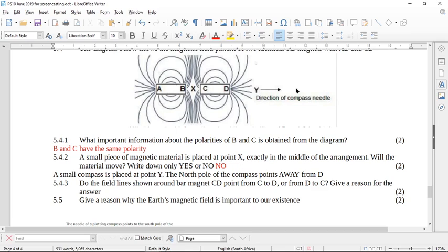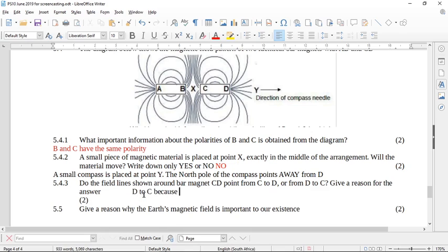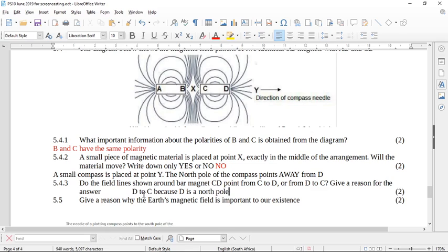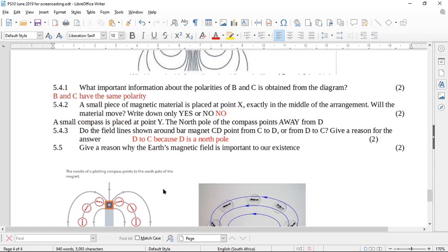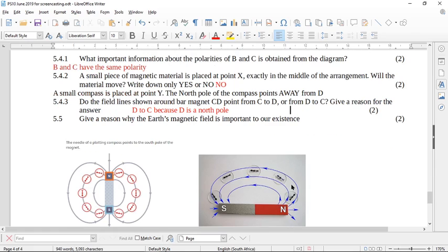So this tells me that the field line is going from D to C because D is a north pole. So the memo is telling you something different than what the literature tells you. The literature says the needle is showing the direction of the field, which runs from the north pole to the south pole.